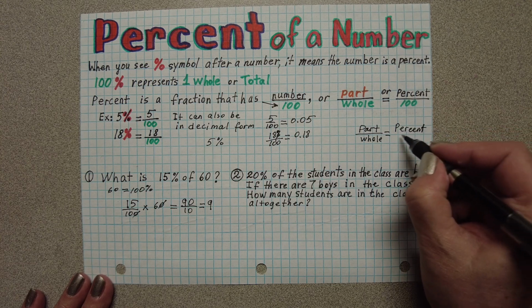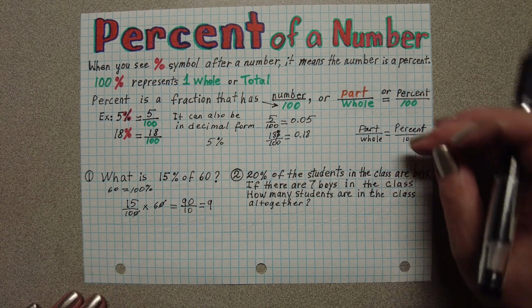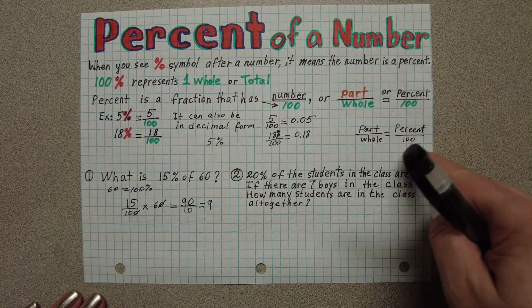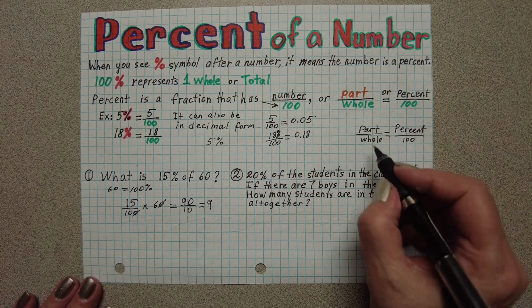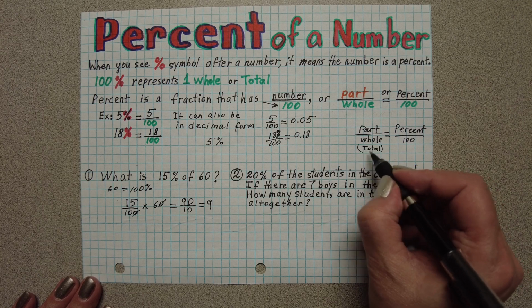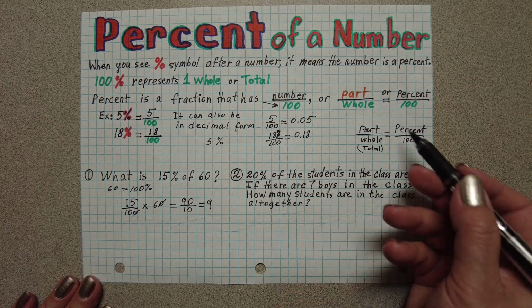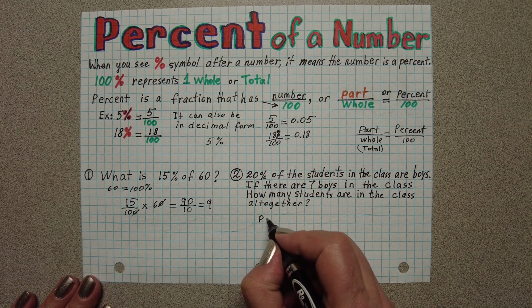over 100. In this case, we can convert this, like the cross multiply way, and find the whole or total here. Total. This is the same thing. Let's write this in a different way. We can write it like this. Part times 100.